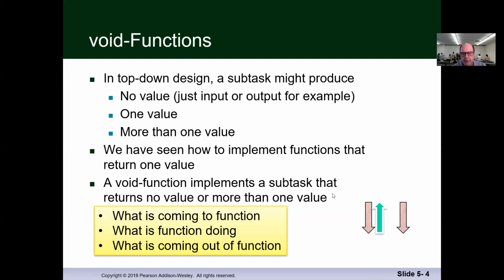We're going to expand on this when we talk about call by reference. There is a possibility that I have a parameter that goes in and comes out at the same time. I can also have a parameter that goes in and doesn't come out, and that would be call by value. And we can have the function itself return something.